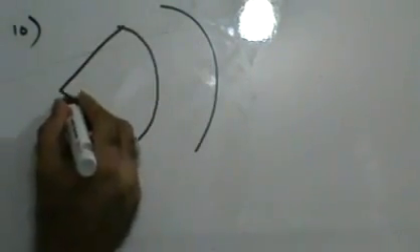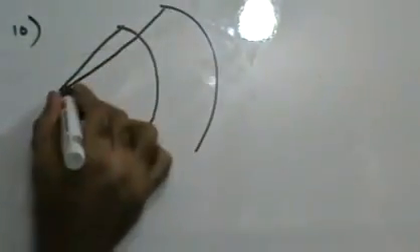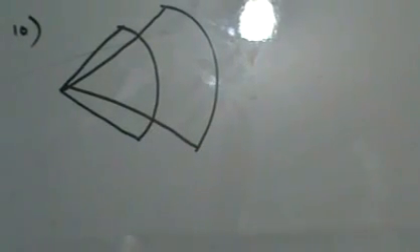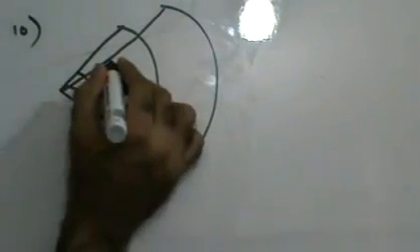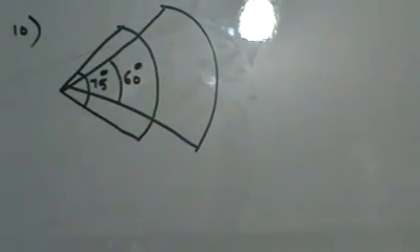Arcs of equal length on the inner and the outer periphery of a circular track subtend an angle of 75 degree and 60 degrees at the center.